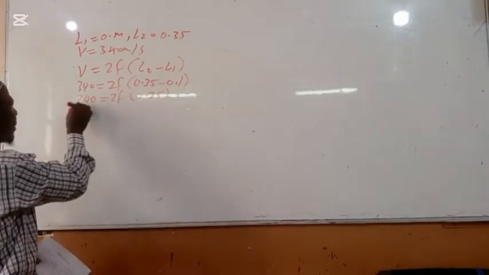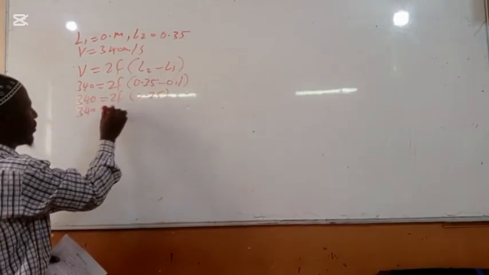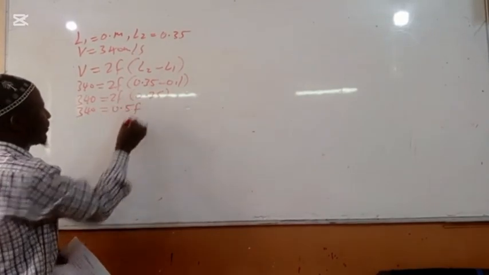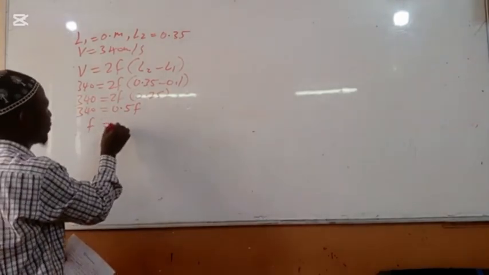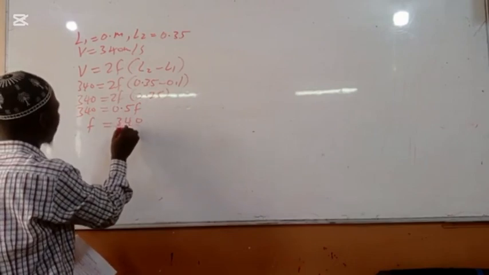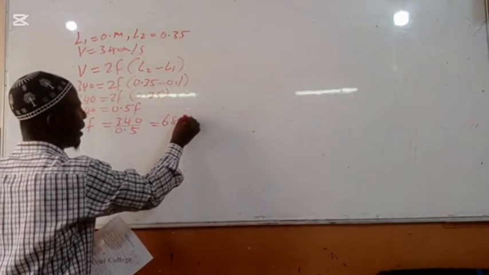Therefore, 340 is equal to 0.5 F. Then divide both sides by 0.5. Therefore, our frequency will be 340 divided by 0.5. Your answer will be 680 Hertz.